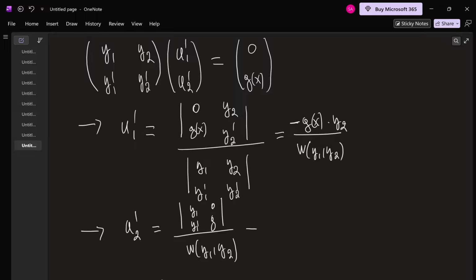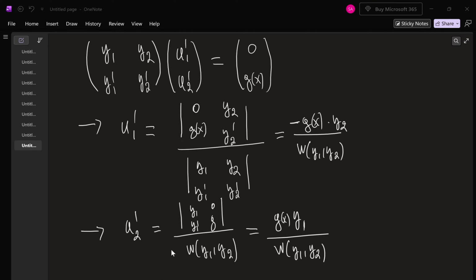So it is equal to g of x times y1 of x, all over the Wronskian of y1 and y2. Till now I think everything is clear. If you have any questions, you could ask them now before continuing. So we continue.